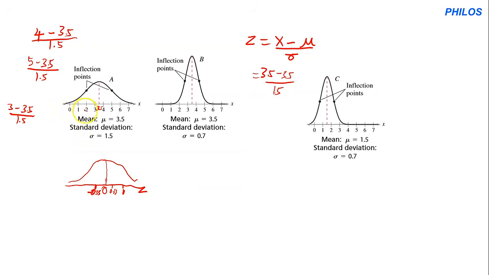Let's check it out for 2. 2 minus 3.5, that is the mean. We are following this formula, okay? Divided by the standard deviation of 1.5. Now, 2 minus 3.5 will give you negative 1.5. When you divide it by 1.5, you get negative 1. So you realize that in a standard normal curve, the right side is positive, the left side is negative, and the mean is 0. That's the difference between a standard normal curve and a normal curve.